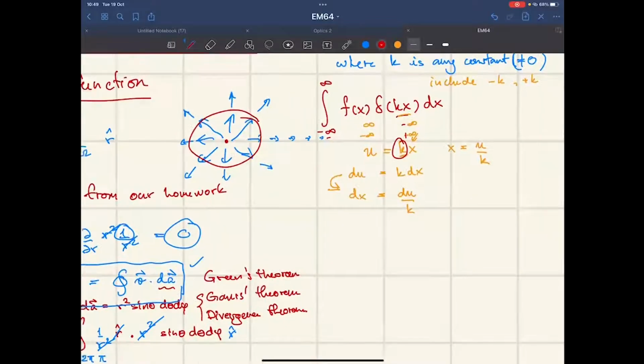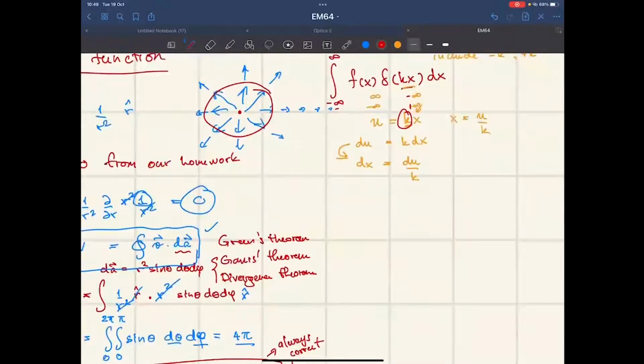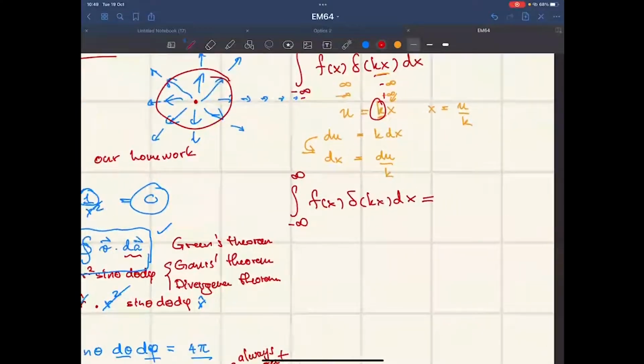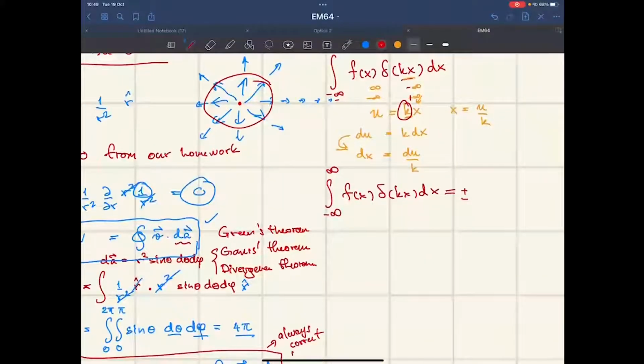Before we do that, let's continue our calculation. If f(x) and the delta of kx, dx equals what? Plus and minus, right? Depending on the sign of k.